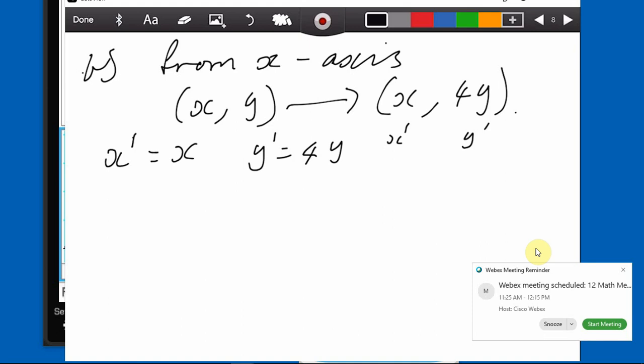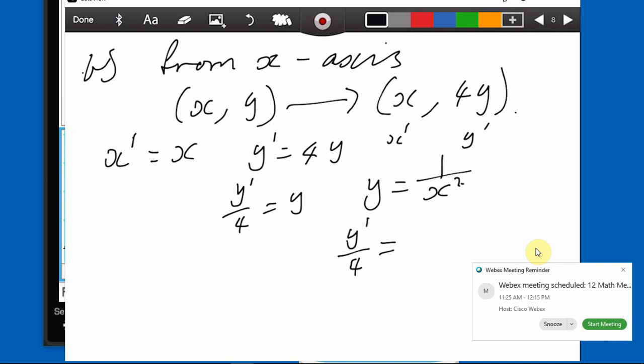And so what I need to do in my Y equals 1 on X squared, because this is the old one, I've got to replace it by the expression with the image in it. So for the Y, I need to divide by 4. So I replace the Y by Y dashed on 4, and replace the X by X dashed and square it.